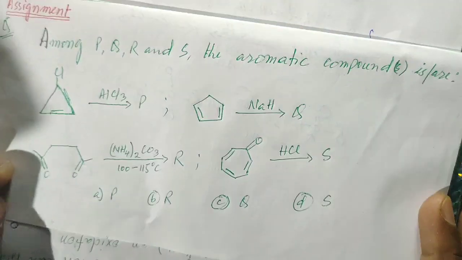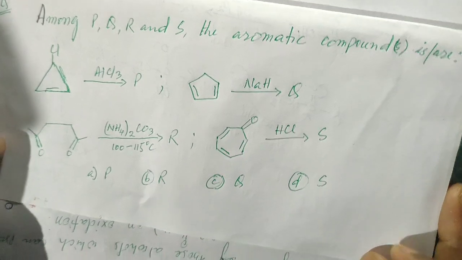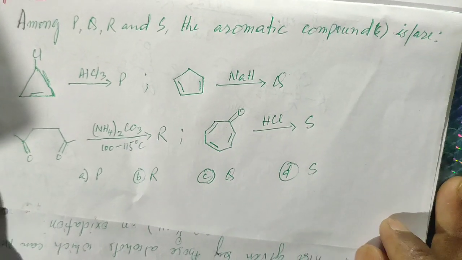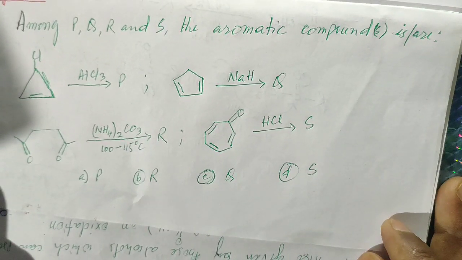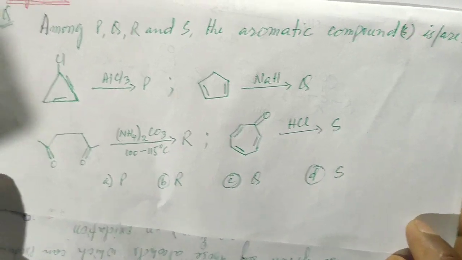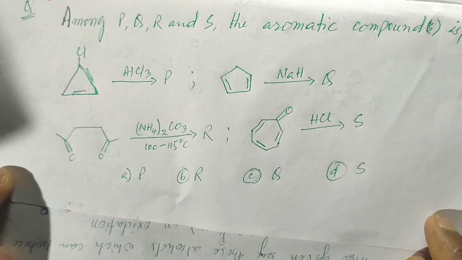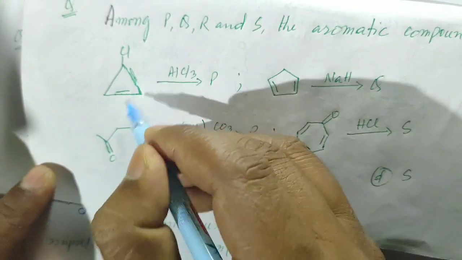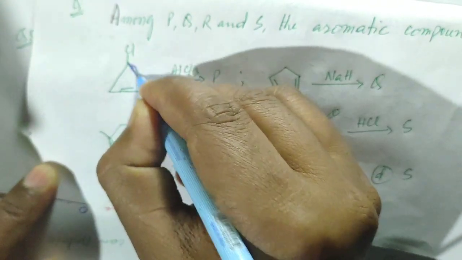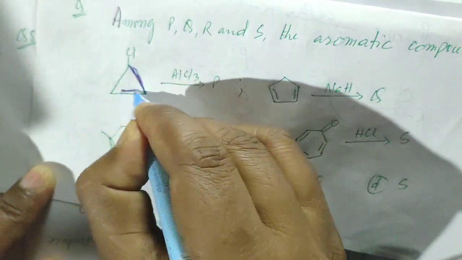The question is, among P, Q, R and S, okay, the aromatic compound or compounds is or are. This is a question which can have more than one answer. Okay, so first one is, this is single bond, not double bond. Okay, this is single bond, this is double bond.